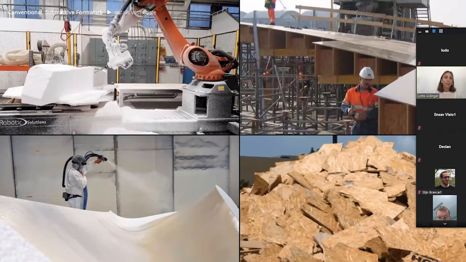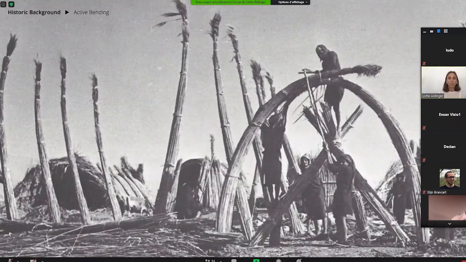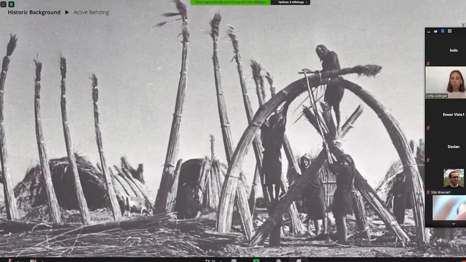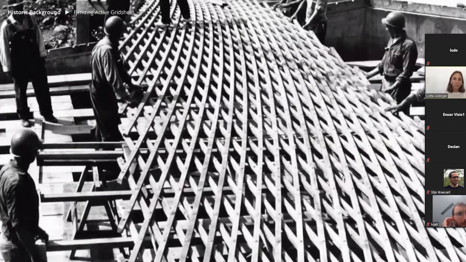However, they entail a vast amount of waste. So I really question if this is the right approach. Bringing us to the bending active structures, because here only the material inherent behavior can be used to build a double curved shape. And of course, you know, the most famous example is the Multihalle Mannheim, which was erected with this principle.